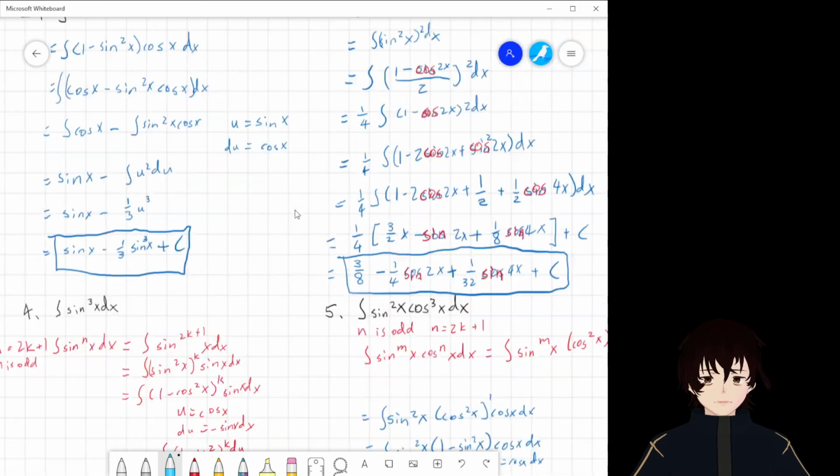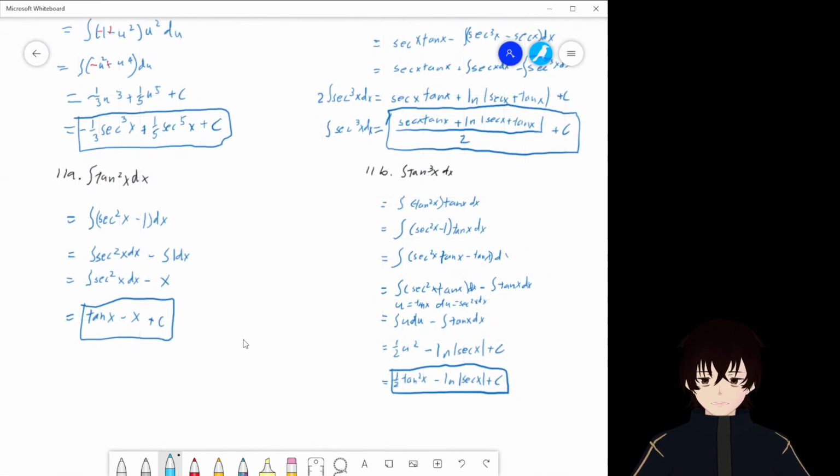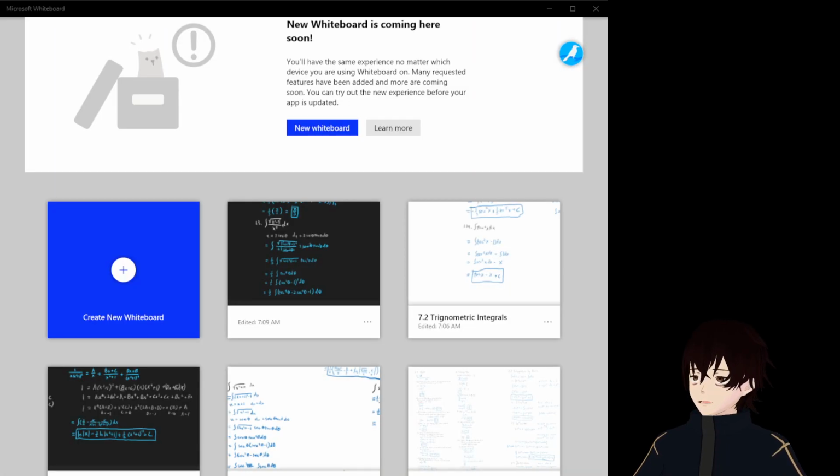It's too heavy. Oh, we have here tangent squared x is easy enough to deal with. We'll have tangent to the power 4. Well, time to get help.